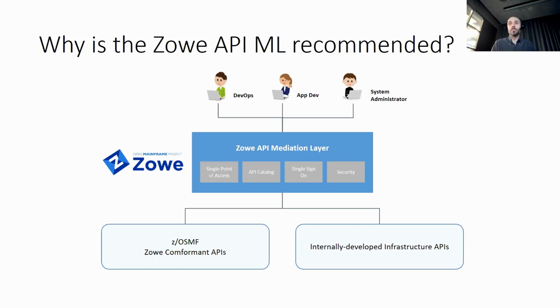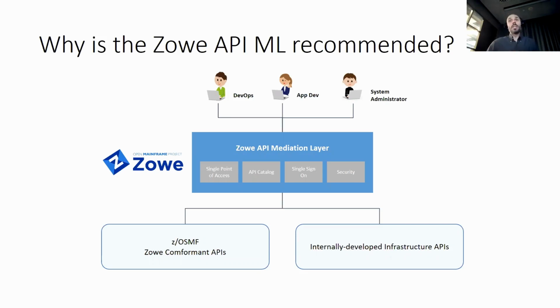Obviously this provides a much better user experience and better performance, actually, as opposed to a scenario where these folks at the top would need to be authenticating into each and every service. They don't need to do that because they're going through the mediation layer, and they get a token which gives them single sign-on to all of the services onboarded to the mediation layer.